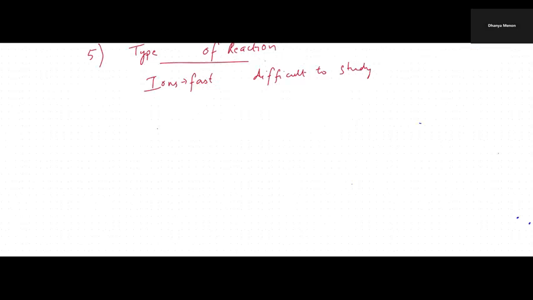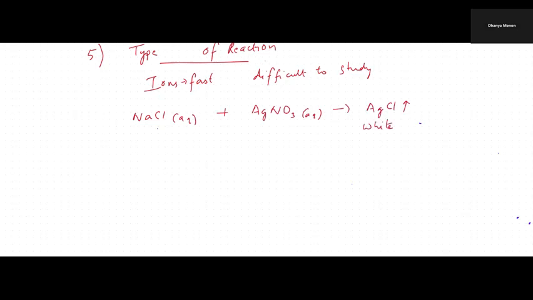For example, if I take sodium chloride in the aqueous form reacting with silver nitrate in the aqueous form, it will give you silver chloride, which is a white precipitate, plus sodium nitrate.